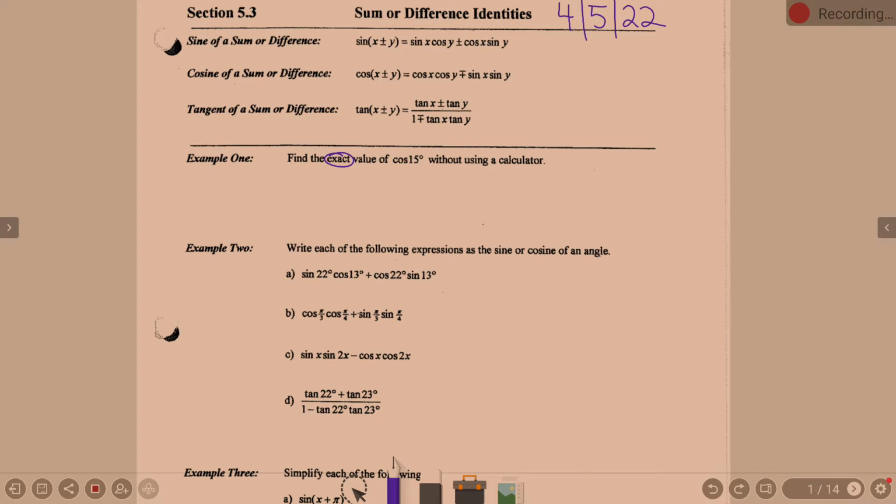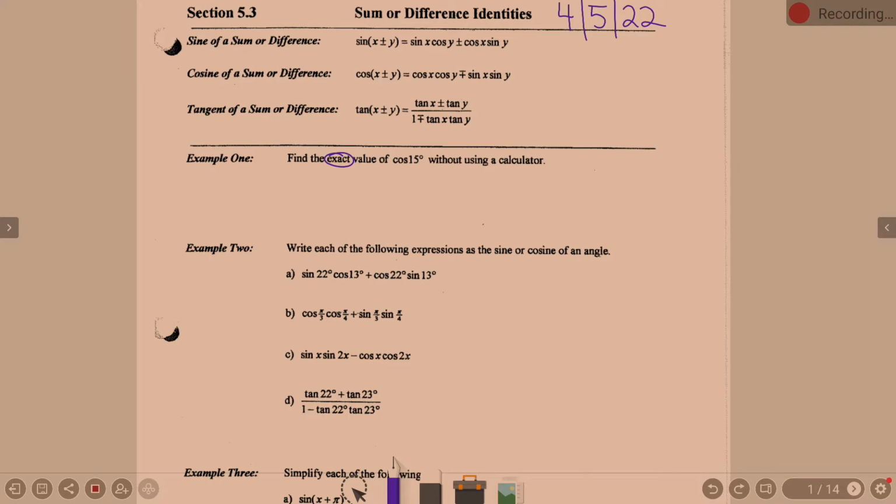So, the sine of a sum or difference. The sine of x plus or minus y, and that plus or minus is indicating that there could be a plus sign or a minus sign in there. It's equal to the sine of x times the cosine of y, plus or minus the cosine of x times the sine of y.